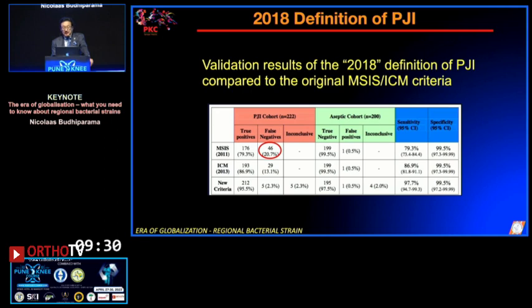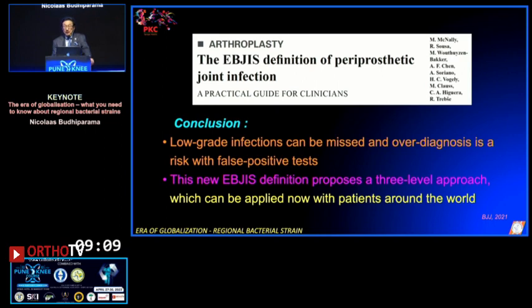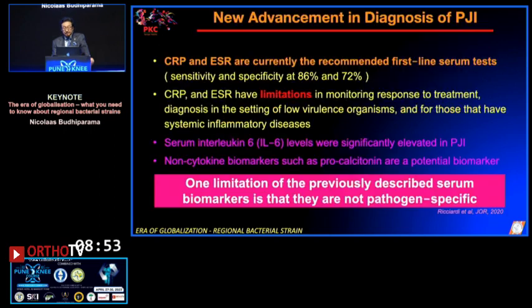If you look at the 2018 definition of PJI, the validation result of this 2018 definition compared to the original MSIS or ICM in 2013, if you look at the false negatives, that was about 20.7%, now it's becoming 2.3%. While the European Bone and Joint Infection Society say they lowered the cutoff because low-grade infections can be missed and overdiagnosed with a risk of a false positive test. So they proposed a 3-level approach.